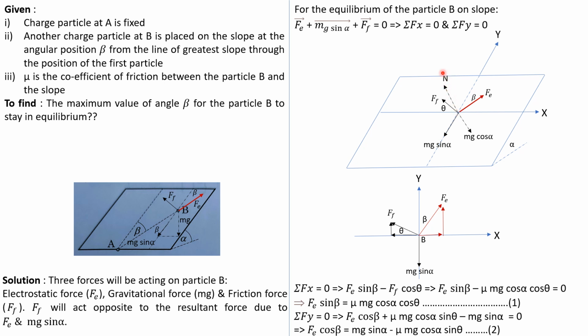N is the normal reaction force, and it is perpendicular to the slope, and this will be equal to the component of mg perpendicular to the slope. So that will be mg cos alpha. So N is equal to mg cos alpha. In slope problems, we have done it many times. You must be knowing it.